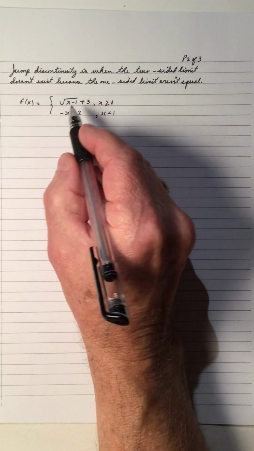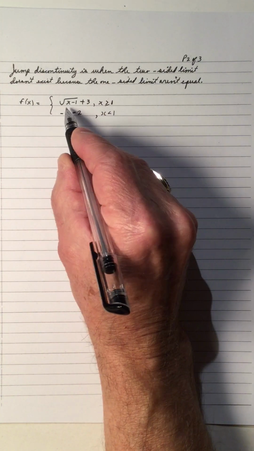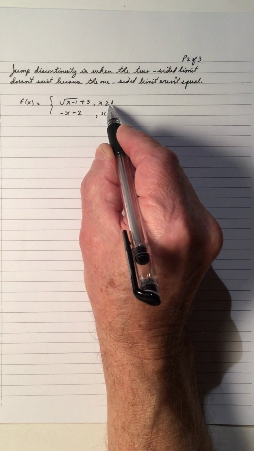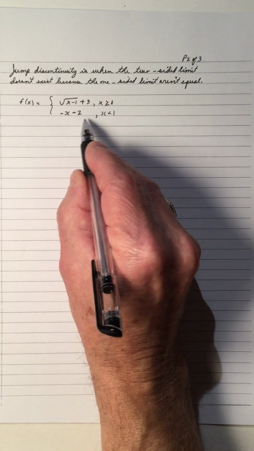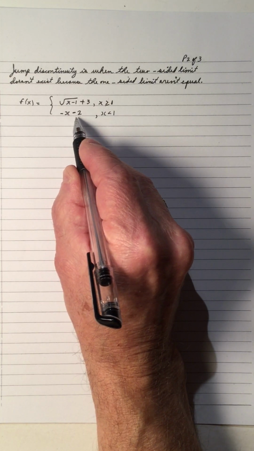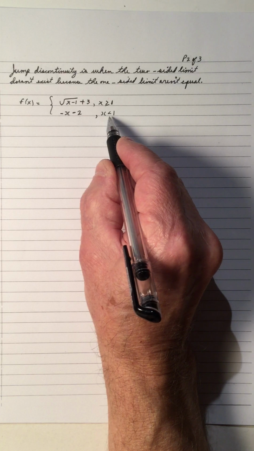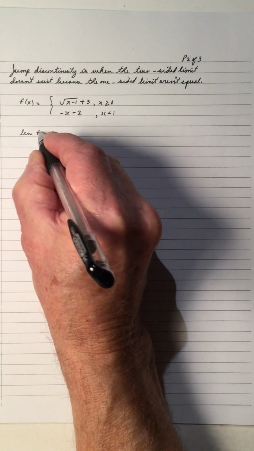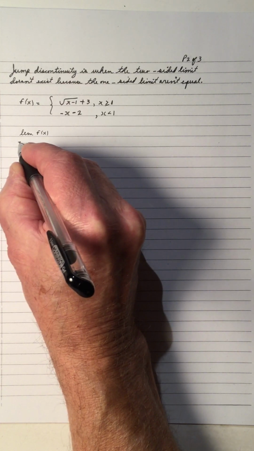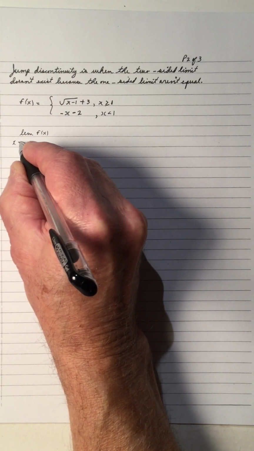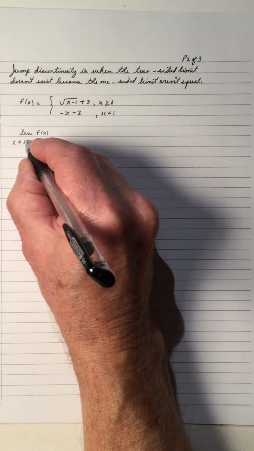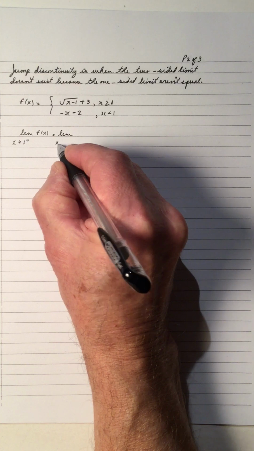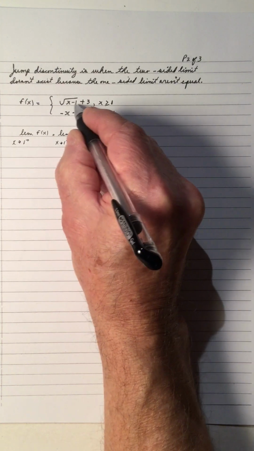So we look at f of x, which is the square root of x minus 1 plus 3 when x is greater than or equal to 1, so that's on the right side, and negative x minus 2 when x is less than 1, and that's on the left side. So let's look at the limit of f of x as x approaches 1 on the right side.